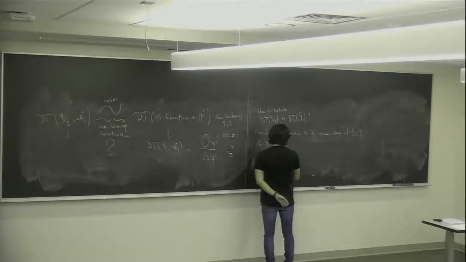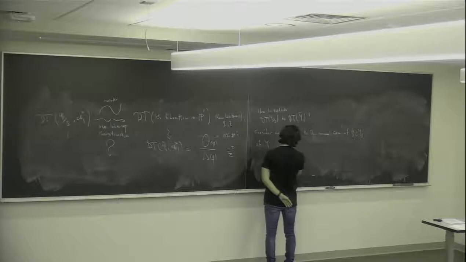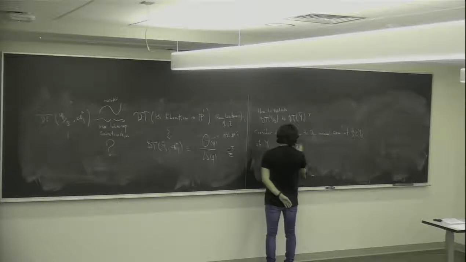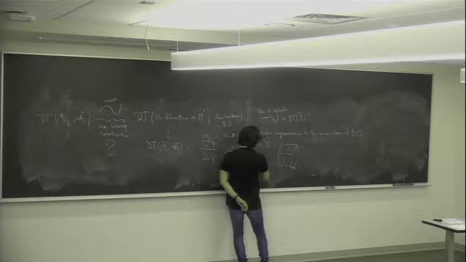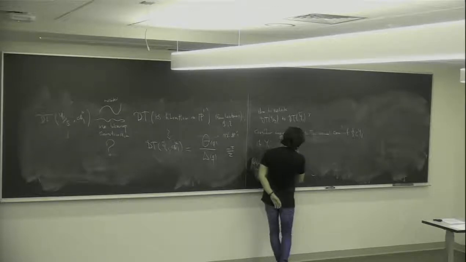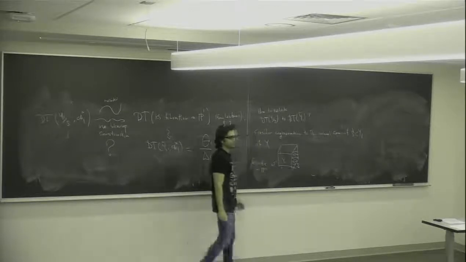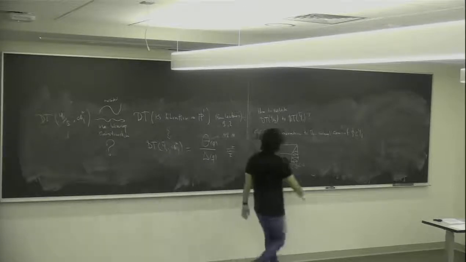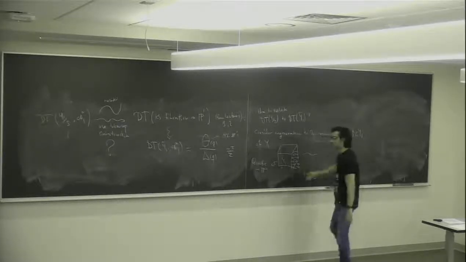Let me draw 3D pictures, I think it's better. So this is your Y1, quartic in P4. This is that S, the K3 surface. You degenerate this thing into the normal cone of this K3 surface.